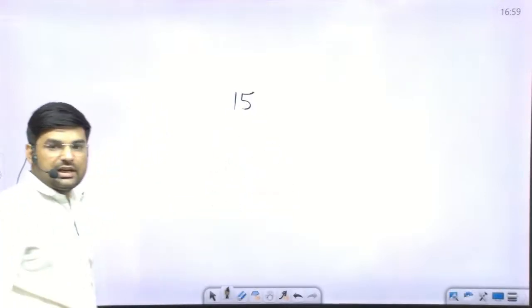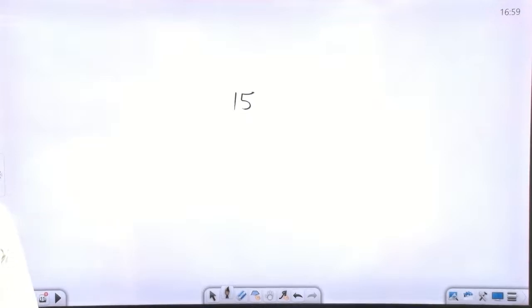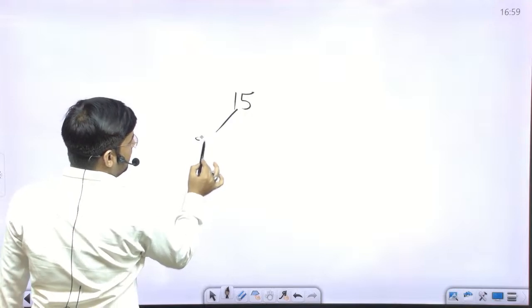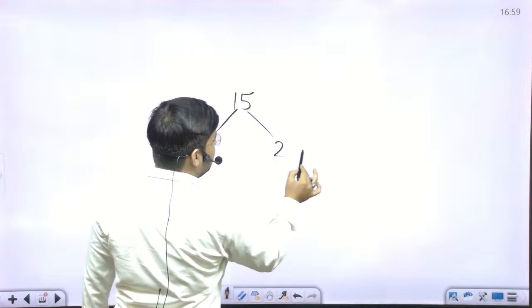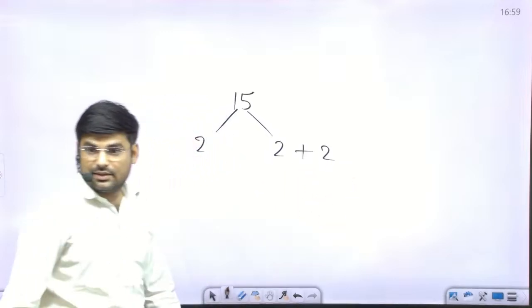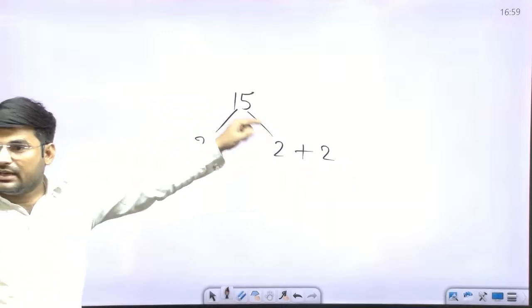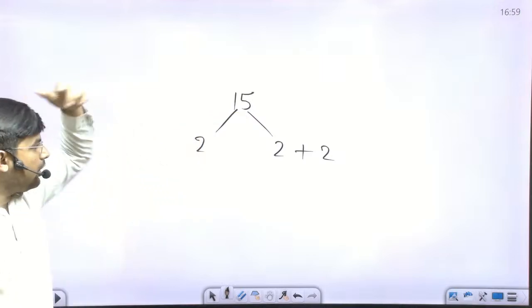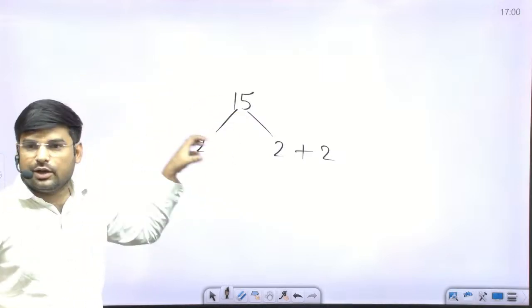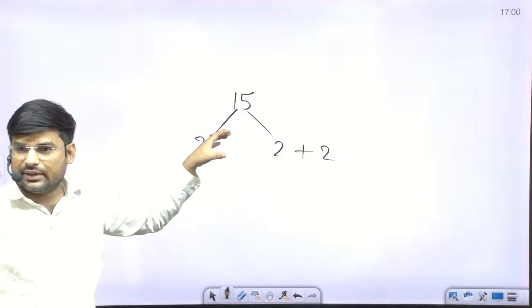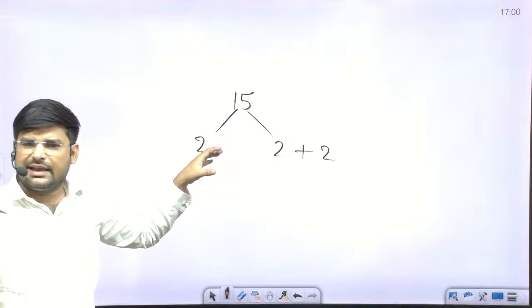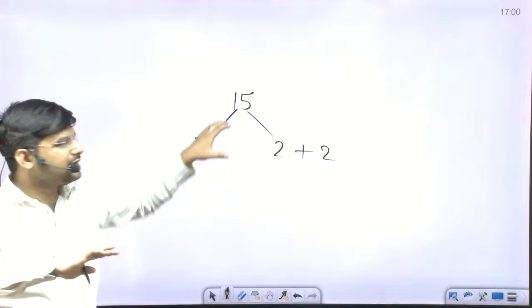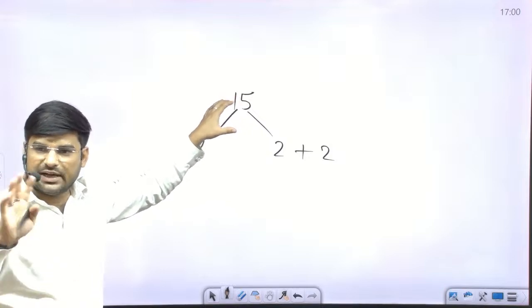The total number of cows and boys is 15. Boys have 2 legs and a cow has 2 plus 2 legs, which means 4 legs. Let's assume that, excluding the cows, all 15 are boys only.